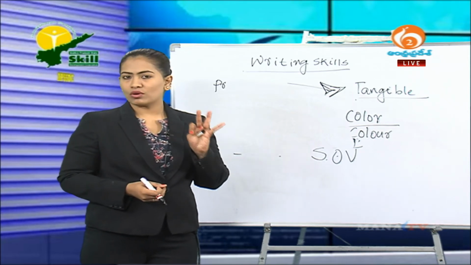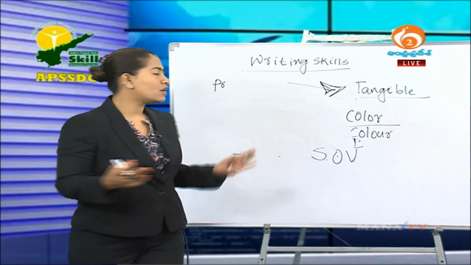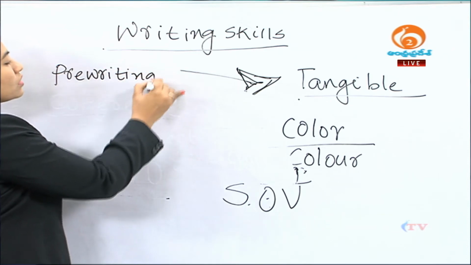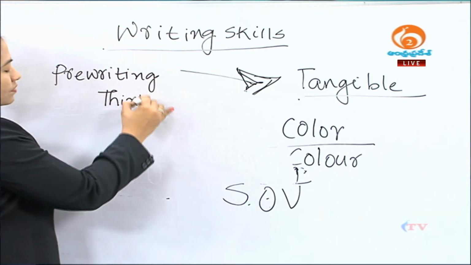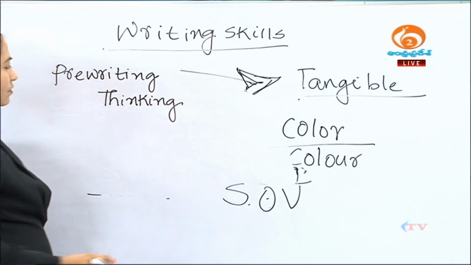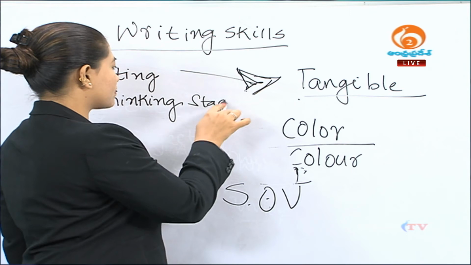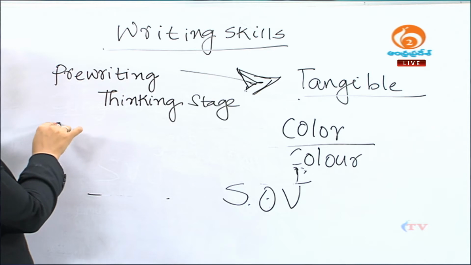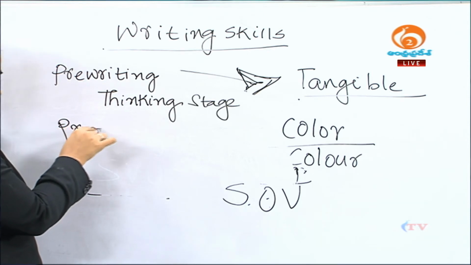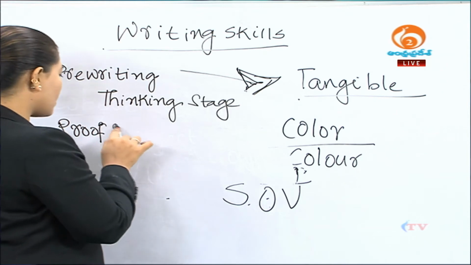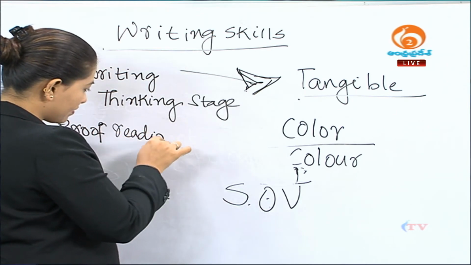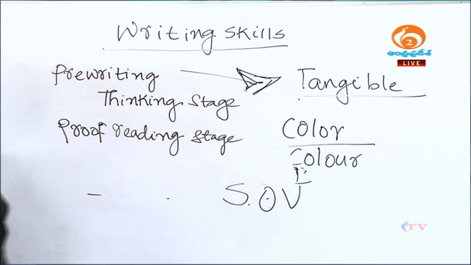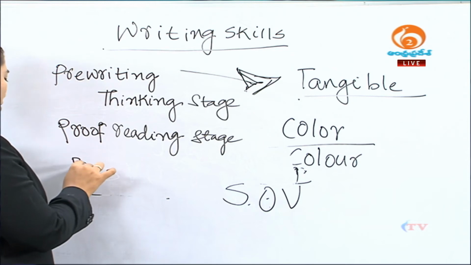You just have to follow three steps, and that's the good news. The first step is your pre-writing or thinking stage. And then after pre-writing, it is your proofreading stage. And then we have publishing or submission.